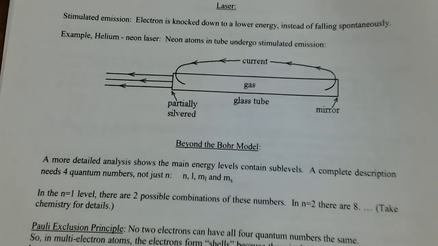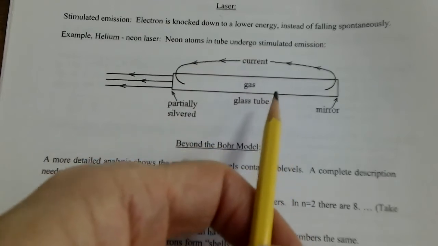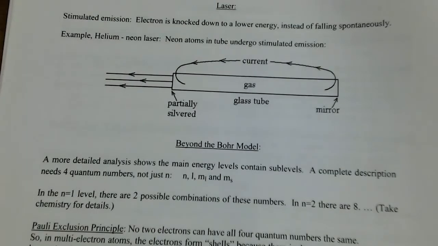In the case of a helium neon laser, it's a mixture of helium and neon, mostly neon, about 90% of the atoms in there roughly are neon atoms. And you pass an electric current through it to make it glow. This is the same way that the gas discharge tubes we use in the lab work. It's the same principle as a neon sign on the side of some sort of business.